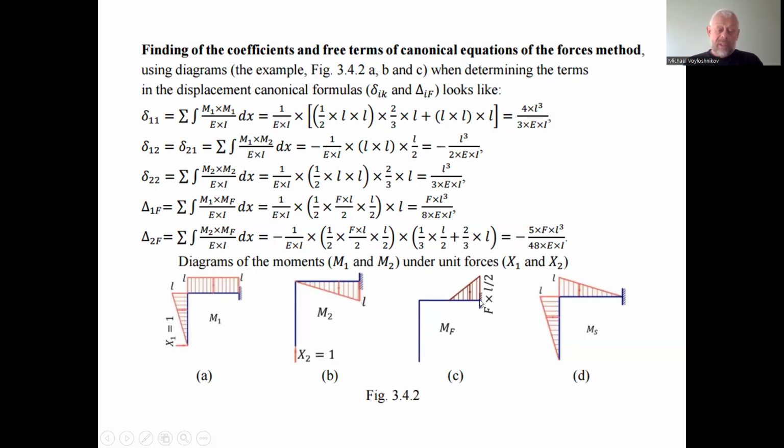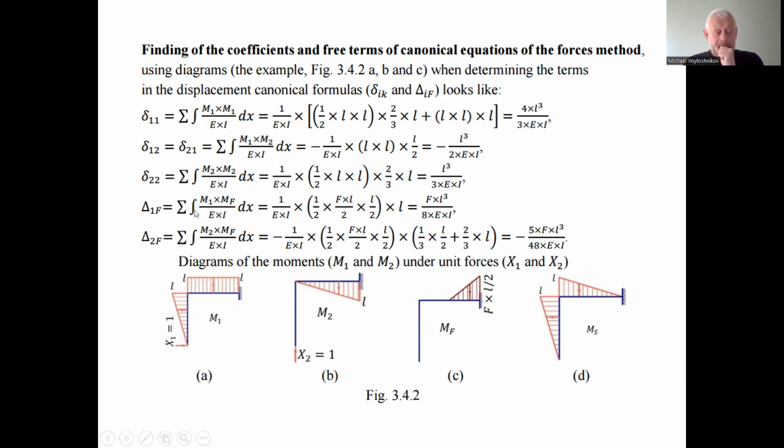At the embedding we have the bending moment, stretching the upper fibers. The magnitude of the bending moment is the applied load multiplied by L divided by 2, where L by 2 is the arm of the action of this external load relative to the embedding.